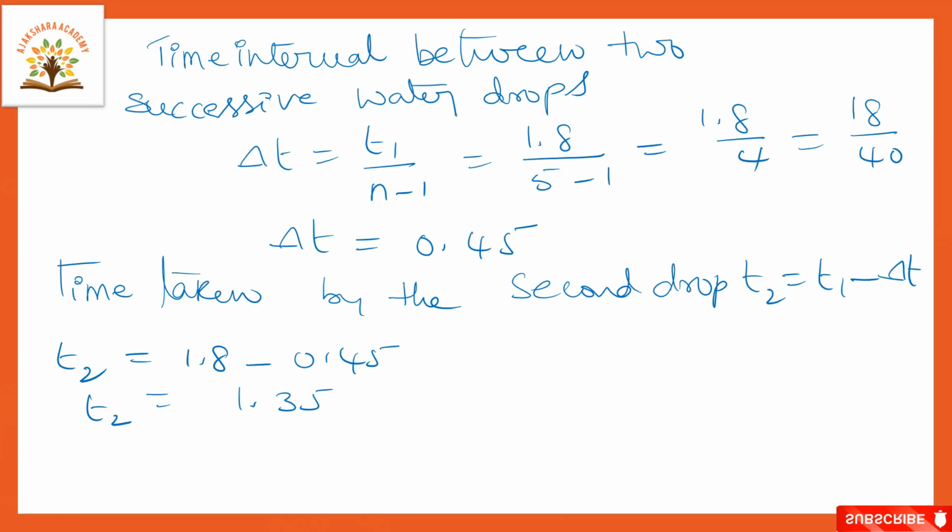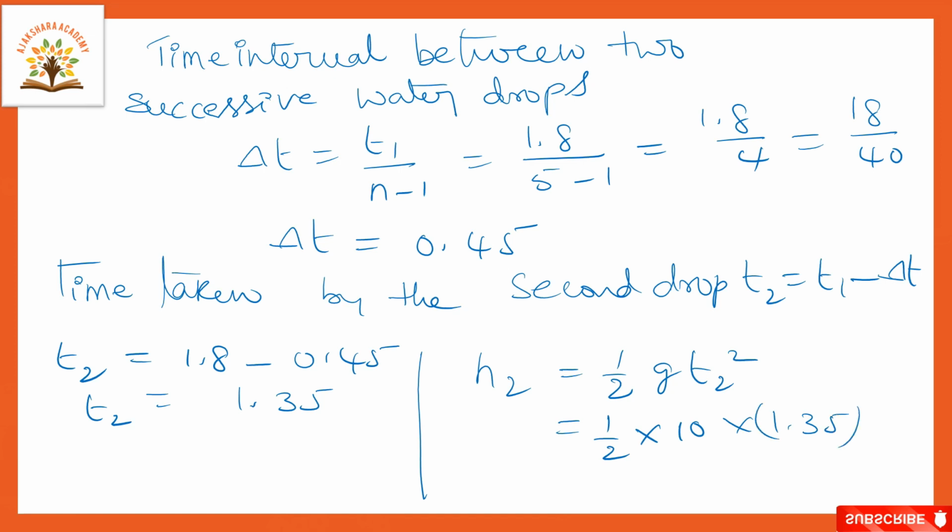Next, height of this second drop from the tap, H2. Now we are finding the position of the second ball from the tower. So H2 = ½ g T2², that is ½ into g 10, T2 we are getting 1.35 whole squared. So 2 ones 2, 5 into 1.35 squared, we are getting 9.11 meters approximately.